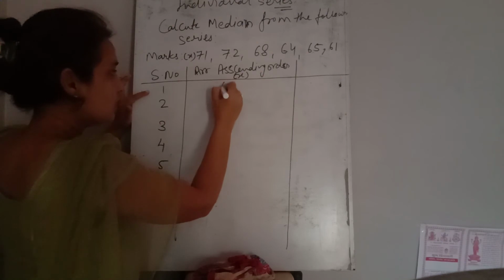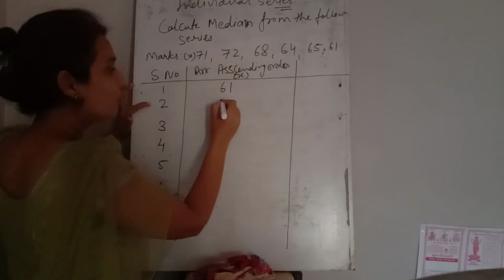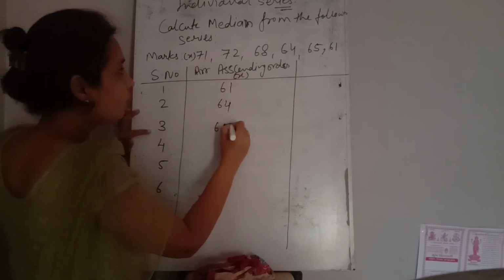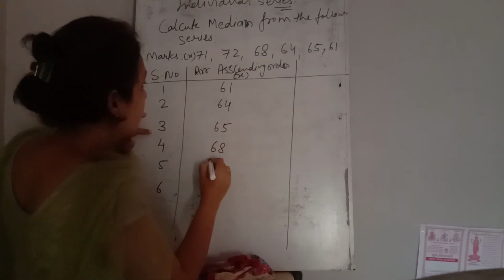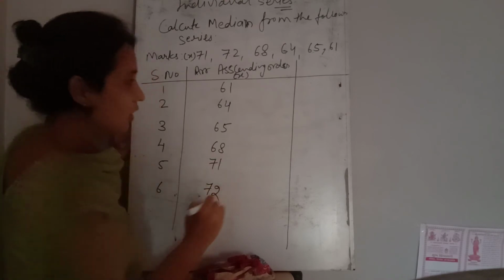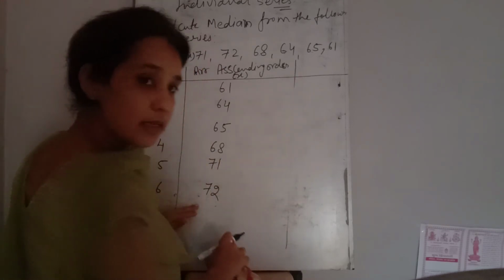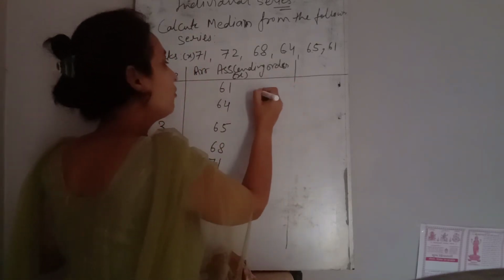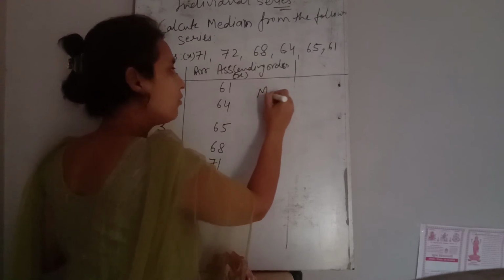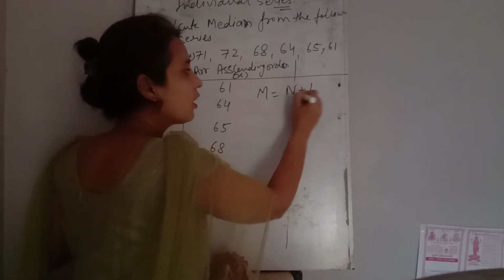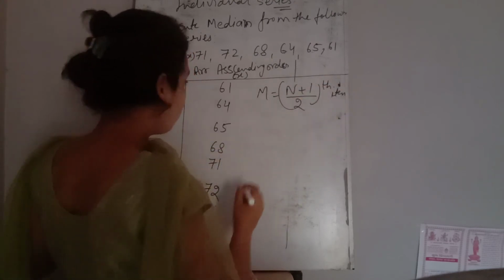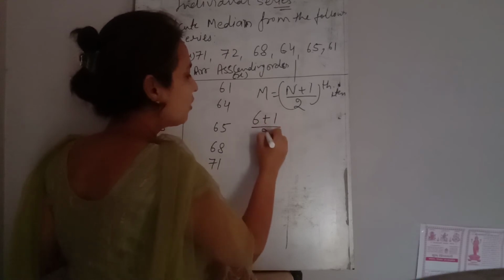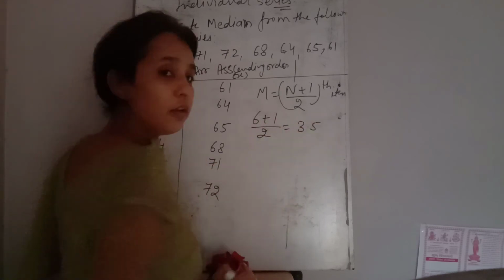Now arrange: 61, 64, 65, 68, 71 and 72. Clear? Now this is an even number of items. First of all, we apply the same formula: M equal to N plus 1 upon 2th item. N, number of items, is 6. 6 plus 1 divided by 2. How much is it? 3.5.